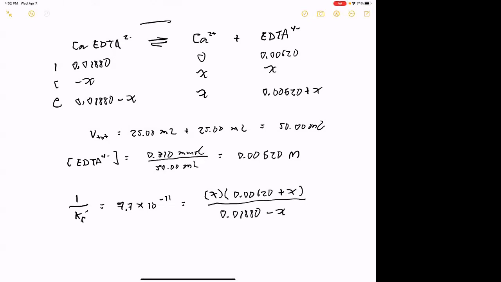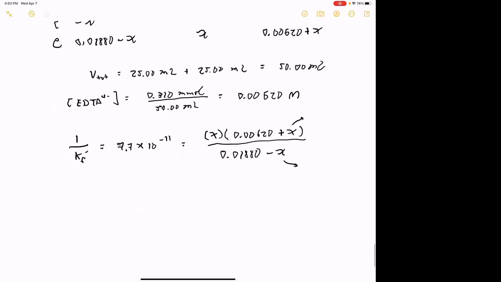All right, that thing just looks ugly, doesn't it? Can I simplify it? Make the math easy. Yep. What should you do? Show me some X's you can get rid of. You should be able to get rid of the X that's subtracted from 0.0188. I agree. See any other X's you can get rid of? The one connected to the 0.00620. Yeah, that's an additive X, so we can get rid of that one too.